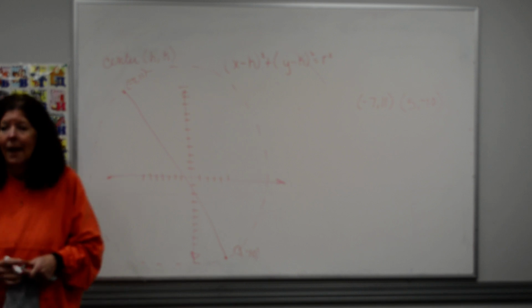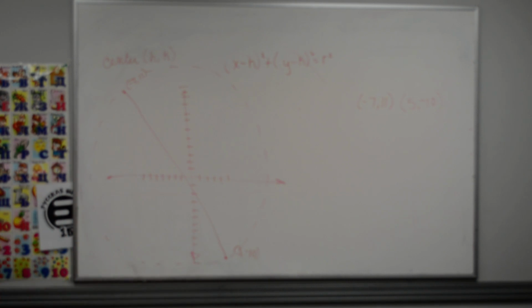How do I find the center point? You add both of those together and divide by 2. That's it. You find the midpoint. If you remember the midpoint formula, it's x sub 1 plus x sub 2 divided by 2.